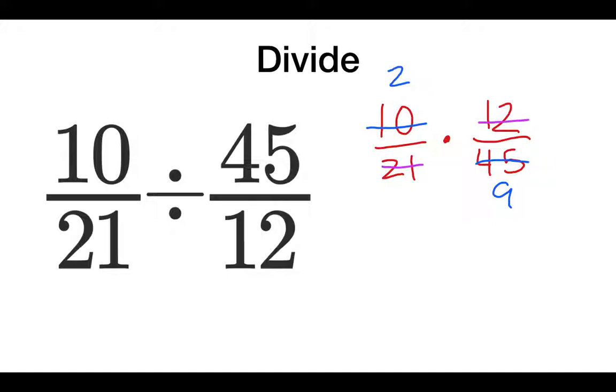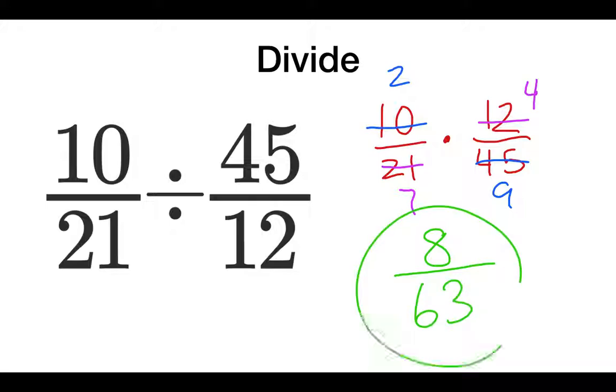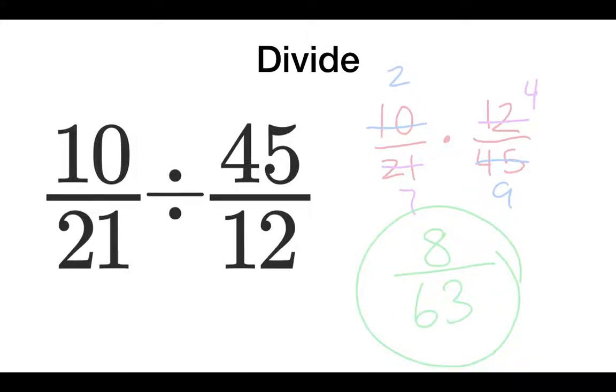I could also have done this with 12 and 9, but I'm going to try to use the diagonals this time. So 21 and 12, multiples of the number 3, we end up getting 7 and 4. So 2 times 4 is 8, and 7 times 9 is 63. Meaning our final answer would be 8 over 63.